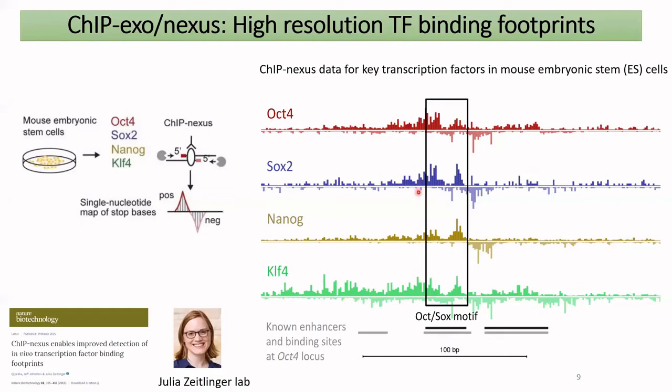And so we really want to leverage these kinds of data to see if our models can improve what we can pull out of these profiles. We're going to focus on 4 transcription factors, Oct4, SOX2, Nanog, and KLF, which, as you all know, are classic pluripotency transcription factors. And we're going to study them in these data sets in mouse embryonic stem cells.